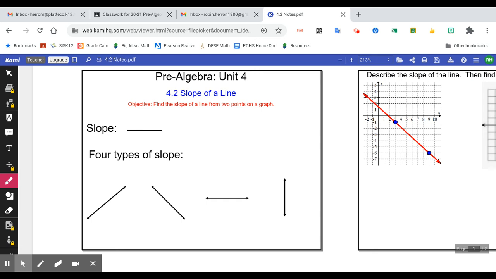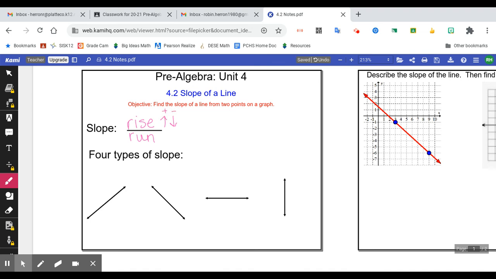What we need to know is slope is described as two R words. And those R words, hopefully you remember, are rise over run. Rise means that we're either going up or down. If we're going up, it's a positive, and if we're going down, it's a negative.